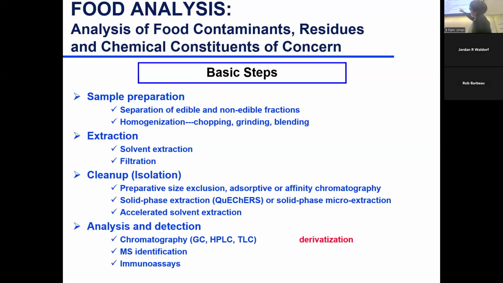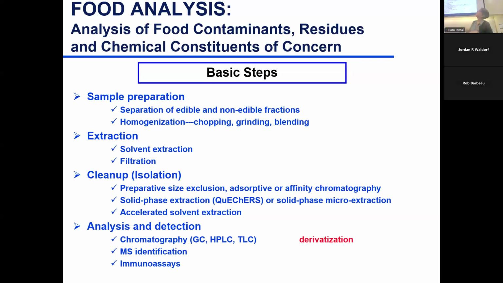The common one is QuEChERS, with those many letters, but you're not going to remember this: quick, easy, cheap, efficient, rugged, and safe. So you don't have to remember that. It's just what they usually label those assays.